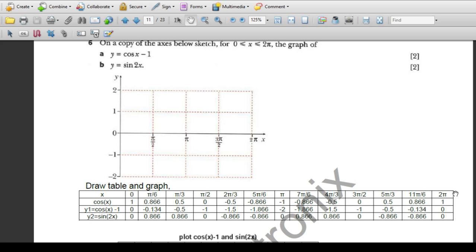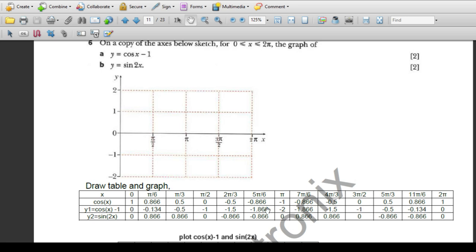Similarly, with an interval of pi by 6 from 0 to 2 pi, we obtain cos x as these values. And we have to plot cos x minus 1, so we will subtract 1 from this value, so we will have this one.